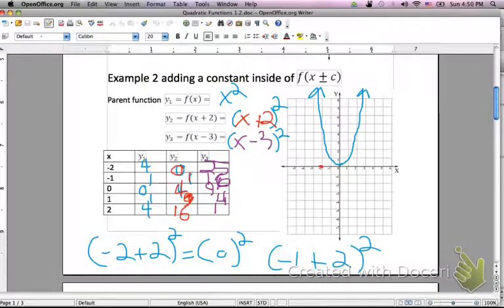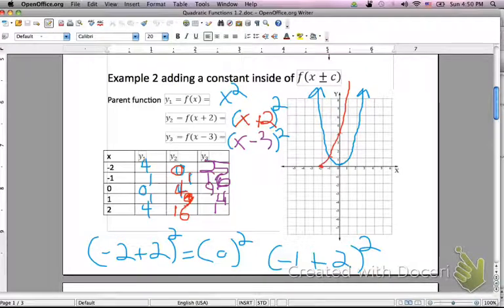Then for negative 1, get 1. For 0, get 4. And 1, we get 9, which is going to be off the charts there.